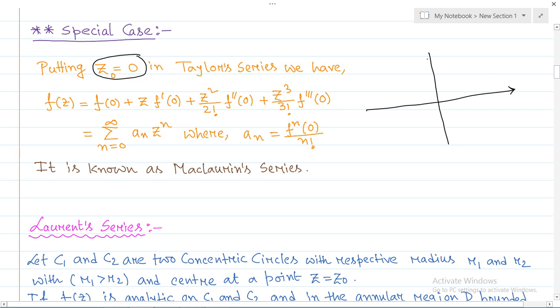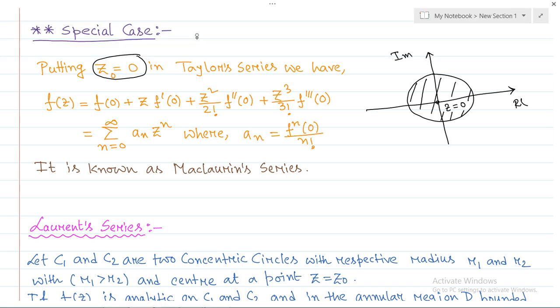If this is our imaginary axis and this is our real axis, we want to plot one circular region which is centered at the point z equal to z0, that is the origin. So inside this region, along with on the boundary of the circle, the function is fully analytic. If that happens, then the Taylor series takes the following form.